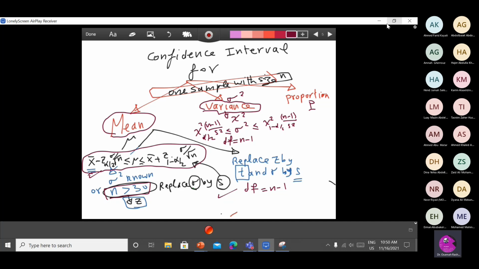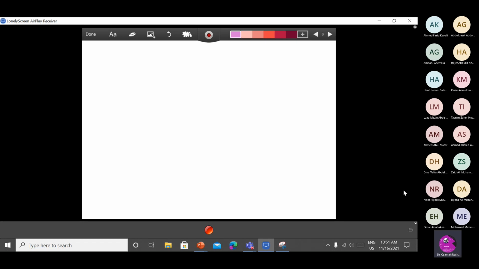Proportion is related to the mean when you have qualitative data. So for this proportion, you are going to use the Z score. Do you think the formula will be the same as this one? Yes, it will be. For the proportion, I remember the binomial distribution.